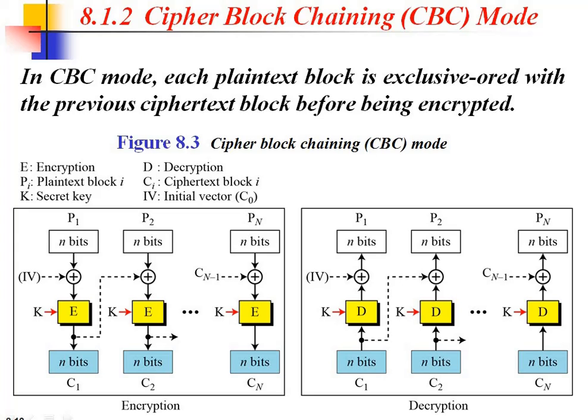This initialization vector is agreed between the sender and the receiver in a pre-specified manner, and generally at the sender side exclusive ORing is done before encryption, and on the receiver side the XOR operation is performed before the decryption.